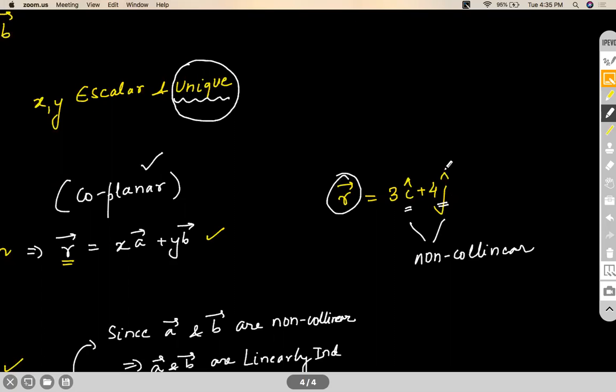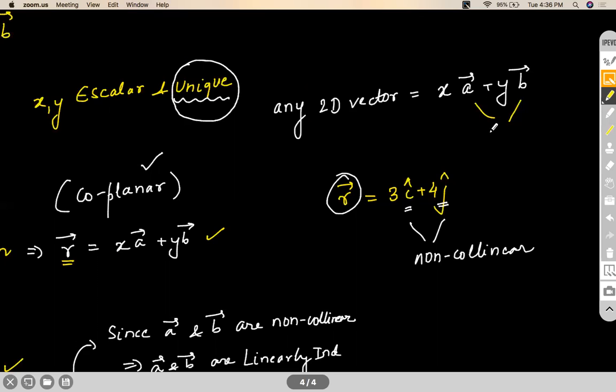Perpendicularity is a type of non-collinearity. So do not have a very narrow understanding of that concept. So my point here is any 2D vector can be expressed as a linear combination of two such vectors where these two vectors are non-collinear. That's it. It is not necessary to have I and J only.